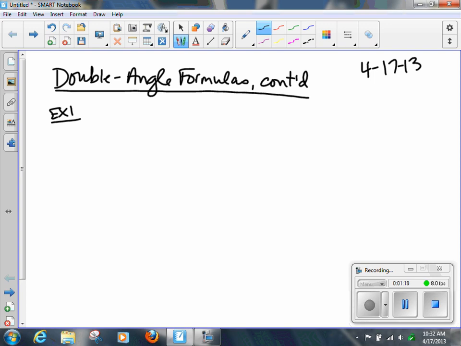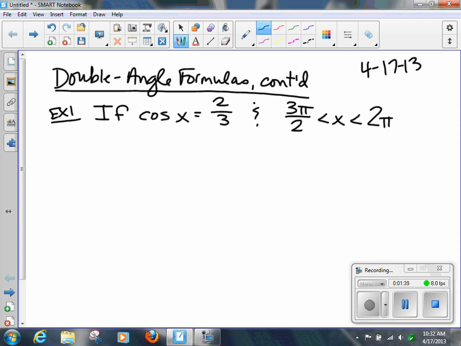Here's the way this problem would look. If cosine of x is equal to 2/3, and 3 pi over 2 is less than x is less than 2 pi, then find sine of 2x.